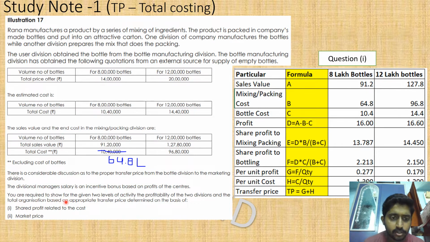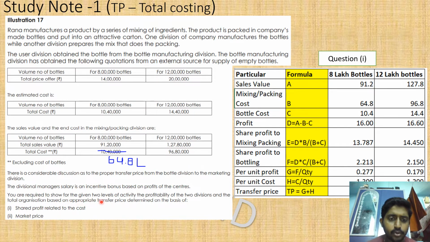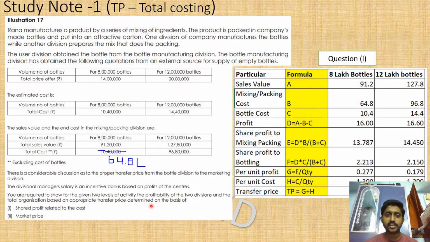You are required to show, for the given two levels of activity, 8 lakh and 12 lakh, the profitability of the two divisions and the total organization, based on the appropriate transfer price determined on the basis of shared profit related to total cost.